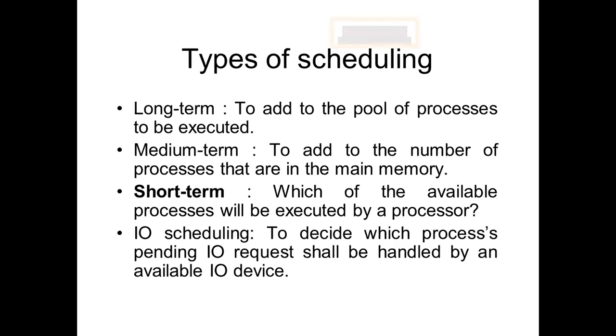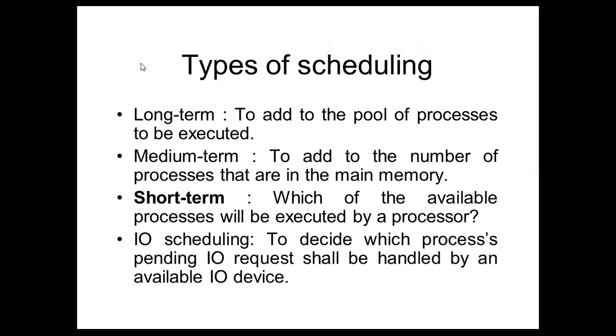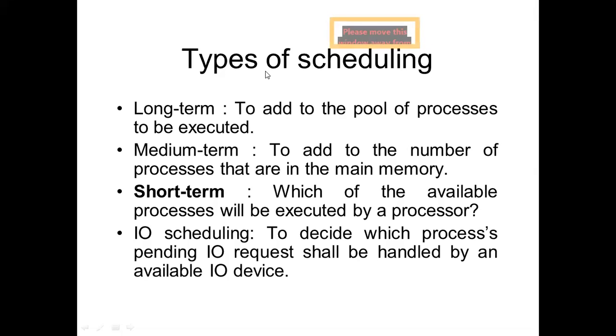Now, what are the different types of scheduling? First is called the long term. Here, to add to the pool of processes to be executed. There are a number of processes which may be in the ready list or the blocked list. So to add to the pool of processes means the maximum number of processes to be executed.